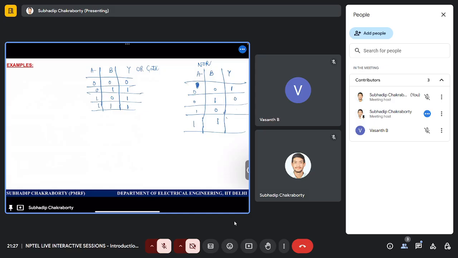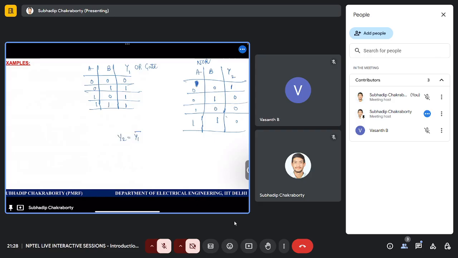So can you prove? I know Y2 is the complement of Y1, and let us write the terms in the min term form, sum of product form. It is nothing but m1, m2 and m3, right? 1, 2 and 3. So how are they written in the min term form? They are written as A bar B plus A B bar plus AB, which I told you to reduce.